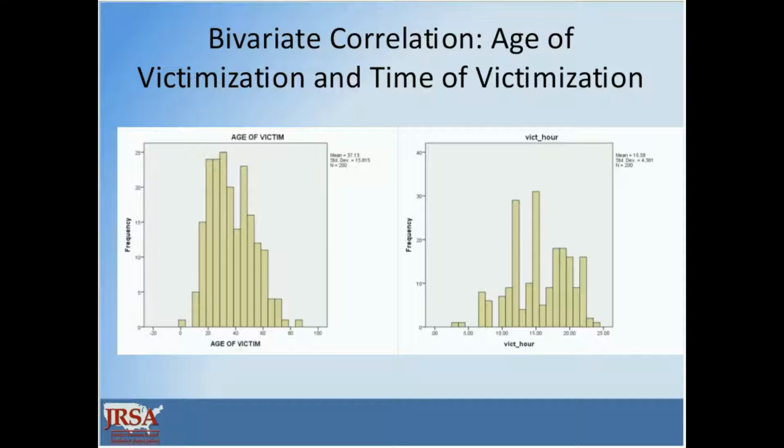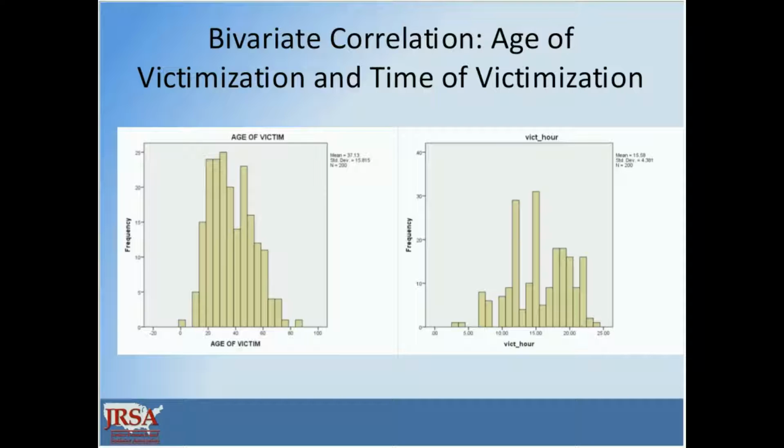So I also wanted to include an example of a correlation in SPSS, and to do that I wanted to start with just a frequency of the two variables of interest, which include age of victim and then victimization hour. And this is a histogram of both of these variables.